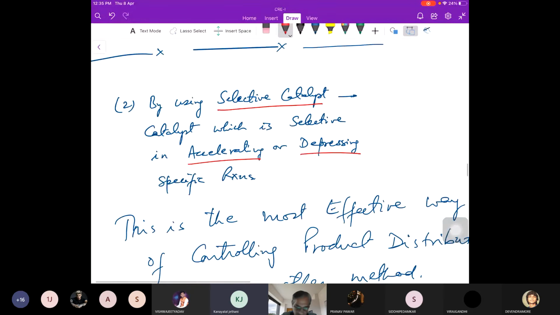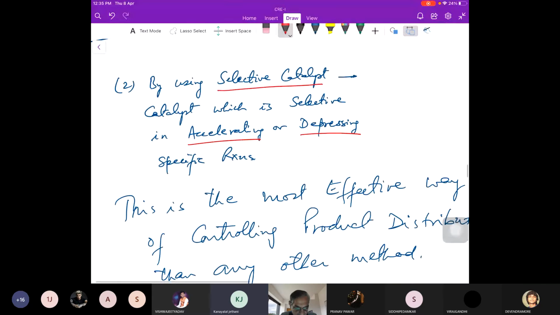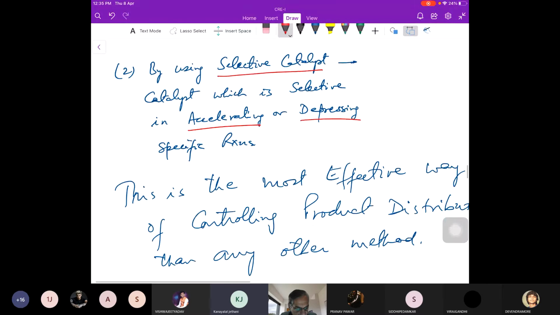Let's look at other options by using catalyst. हमने concentration देखा था by changing the concentration of the reactants, and second was using the temperature or changing the temperature, and third option is by changing a catalyst or using a selective catalyst. So catalyst which is selective in accelerating or depressing specific reaction.